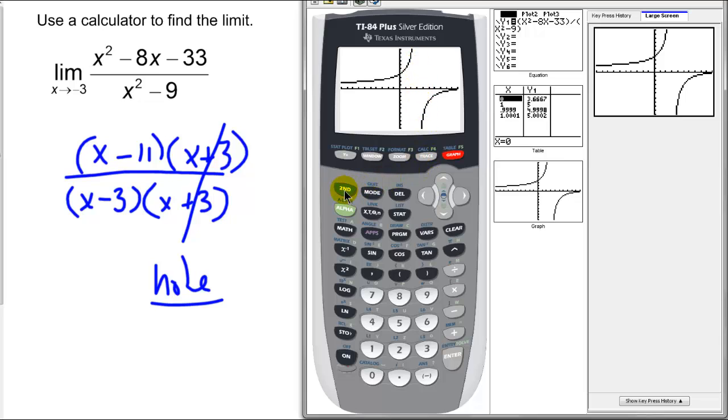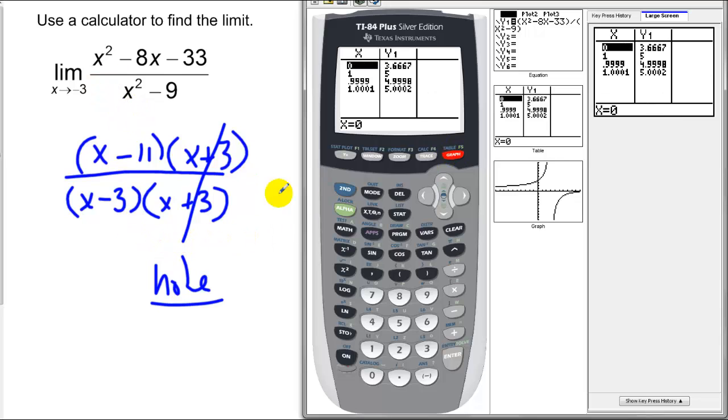If I go to my table from here and I plug in a value of -3, we should get an undefined answer. Let me clear these out first so we can just look at one thing. So if I plug in -3, I better get an undefined answer because that's where I get a hole, and I do.